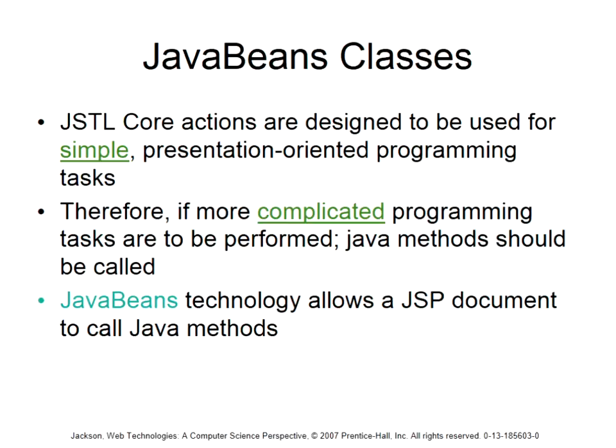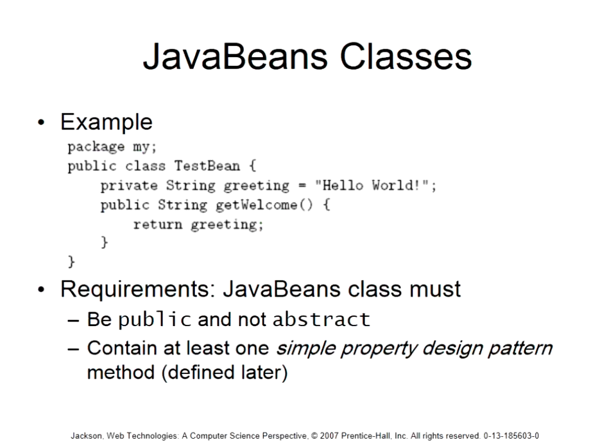After that, s.setName("Ahmed"), s.setAge(20), etc. Now we will see another manner to communicate with this Java class using a JSP document. This is the idea. This is an example of a TestBean.